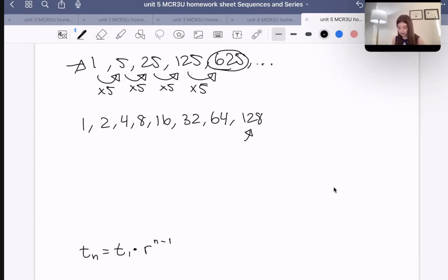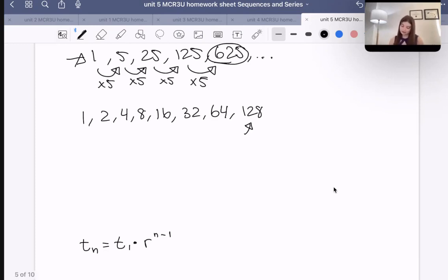So r to the power of 4 is going to give us 625, right? 5 to the power of 4 is 625. The reason it's n minus 1 is similar to why we had n minus 1 in the arithmetic series, so I won't go through that again. But if you want to be reminded, please go check that out.